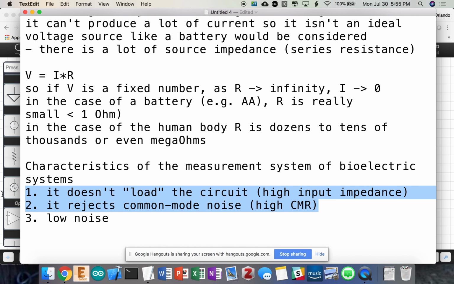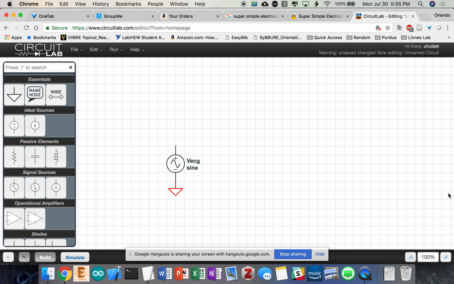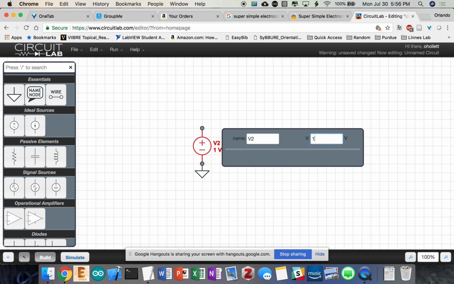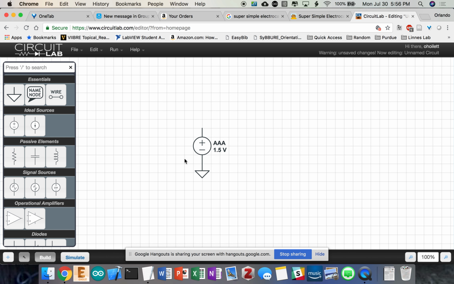And I can get into a small explanation of why the first one is important. I don't think I went over this when we talked about multimeters earlier, but I will now. So if I have some sort of voltage source, let's just say it's a AAA battery, so 1.5 volts.